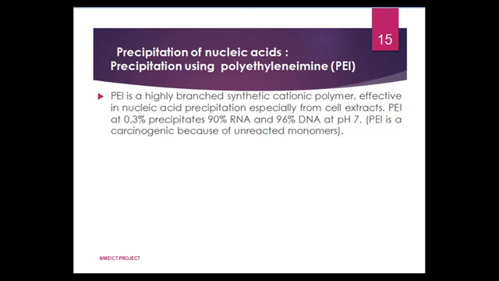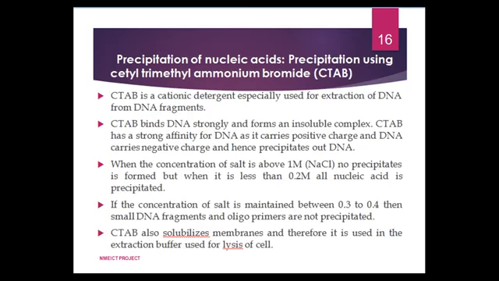PEI at 0.3% precipitates 90% of RNA and 96% of DNA at pH 7. But be careful when using PEI, as it is carcinogenic. Precipitation can also be done by using another chemical called CTAB, that is cetyl trimethyl ammonium bromide.